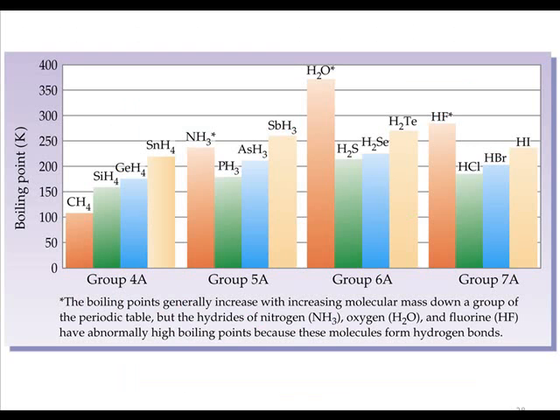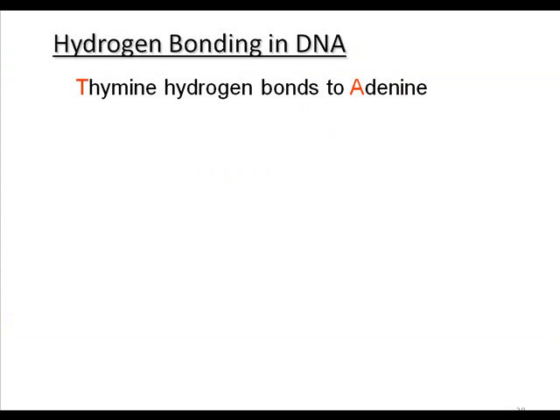Here again, you'll notice, working your way up the chart, NH3, look how much higher it is compared to the other. H2O, look how much higher it is. HF, look how high it is. Those are very, very strong hydrogen bonding attractions between them.